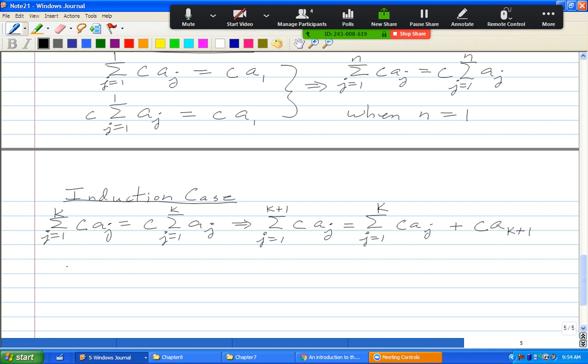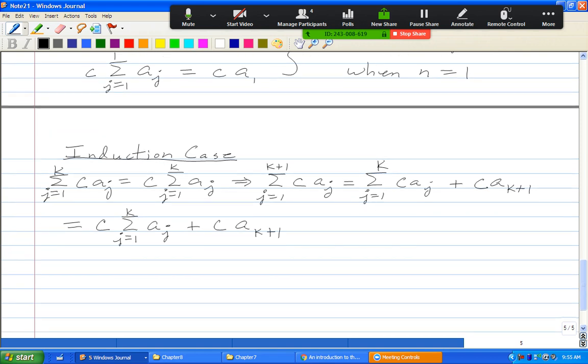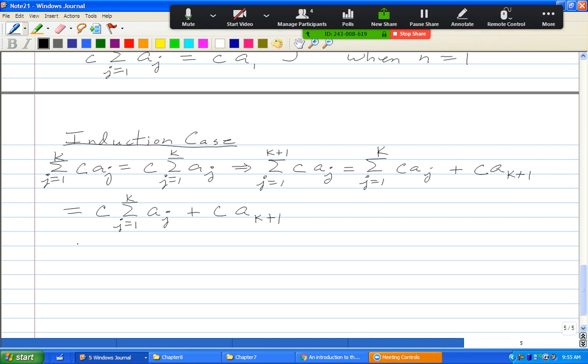So this is equal to, by the induction hypothesis, c times the sum j equal 1 to k of a sub j, and so by distributive property, I'm assuming that this is a field, of course, this is just c times the sum j equaling 1 to k of a sub j plus this last term, a k plus 1.